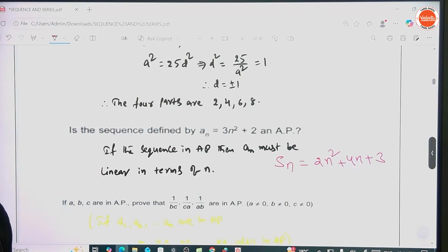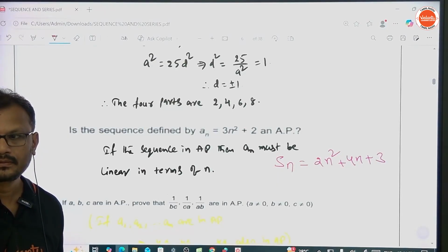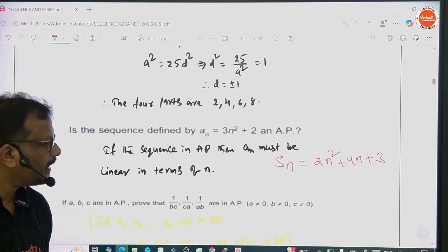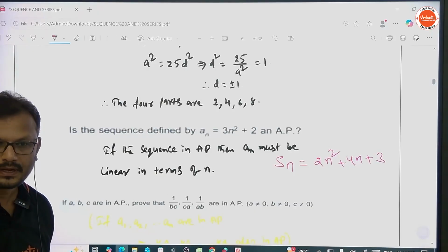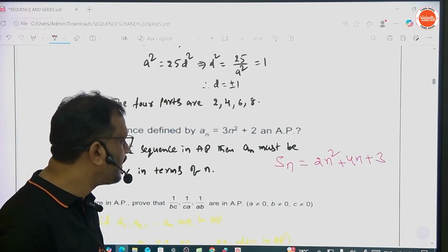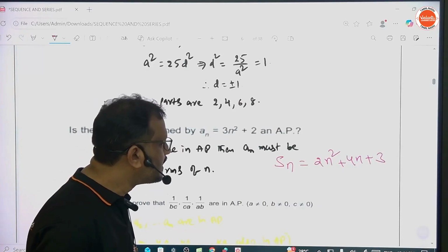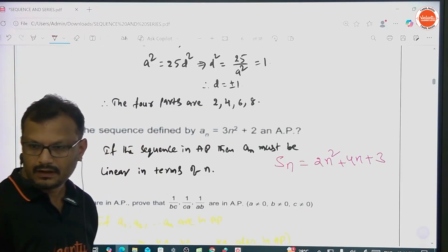What is the first term? How will you say it is 9? Will it become an AP? Will it form an AP?